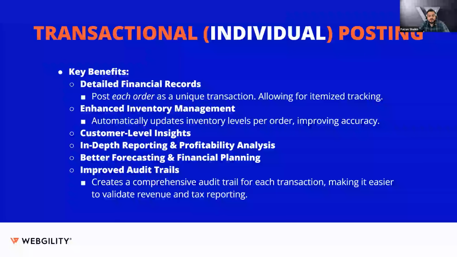And obviously it's going to be better forecasting and financial planning. Every single piece of information is recorded to the accurate chart of account, like we have optimized the configuration in a way that discount, order item pricing, taxes, order total, it's getting recorded over there. So this is what it is all about with transactional posting.